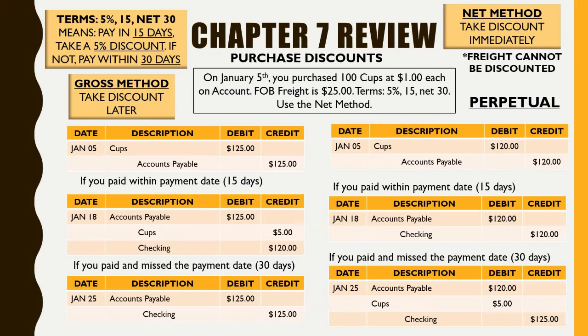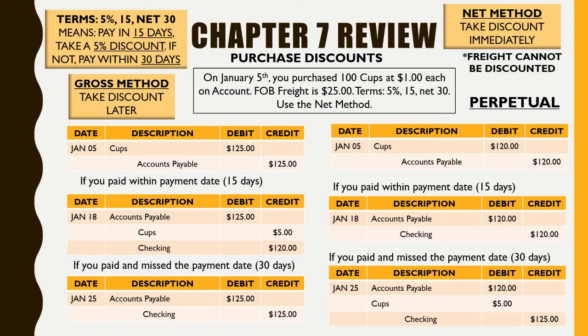Okay? And of course, my net versus my gross method for discounts, same idea here, except for the net method, we're going to take the discount out from my inventory automatically in the very first journal. And then when we pay, we either pay for the amount, but if we missed it, then we have to add it right back into my inventory.